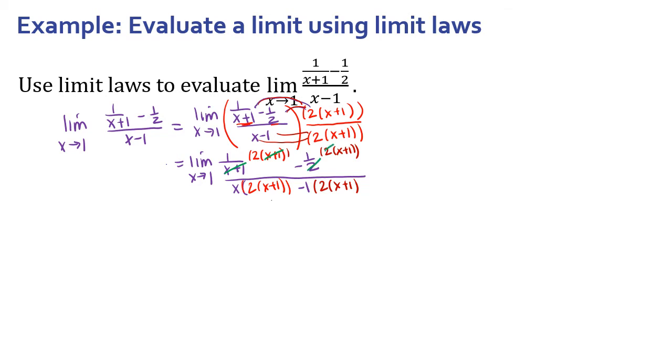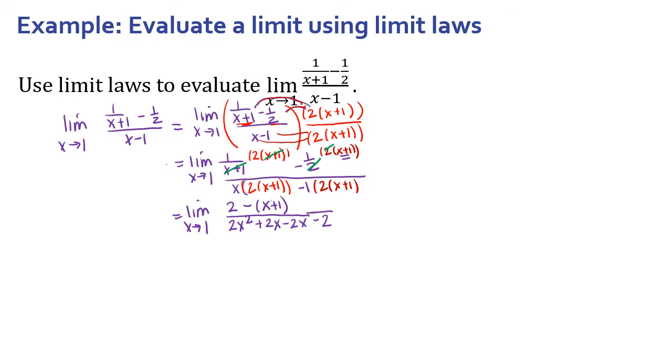So when I do that, I'm going to be left with the limit as x approaches 1. In the numerator, I'm going to have 2 is what that first term becomes. The second term becomes minus that quantity x plus 1. Remember, we're subtracting this whole thing. And then that's going to be all over, let's see, we're going to get 2x squared plus 2x minus 2x minus 2.